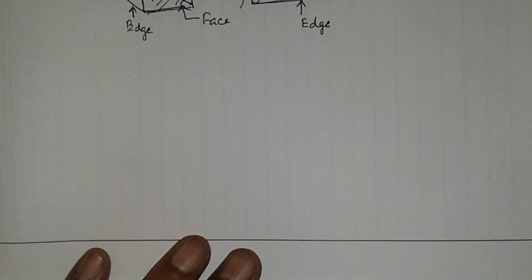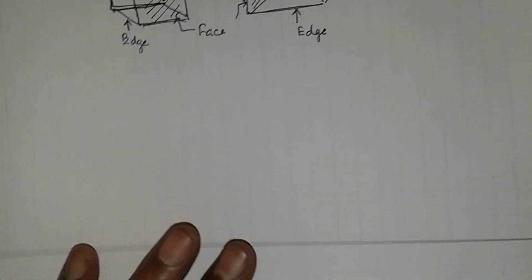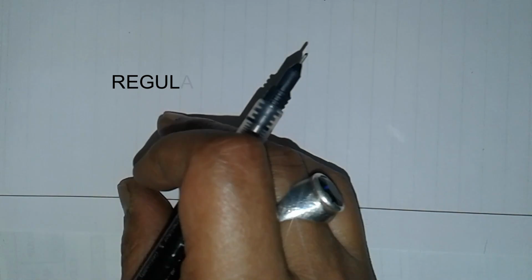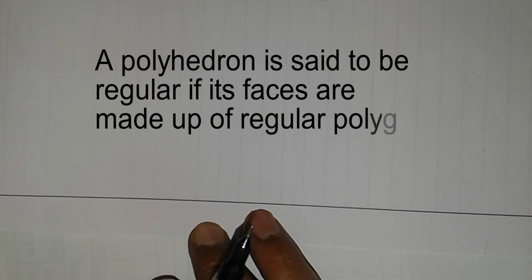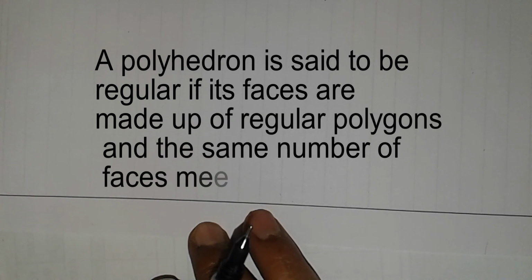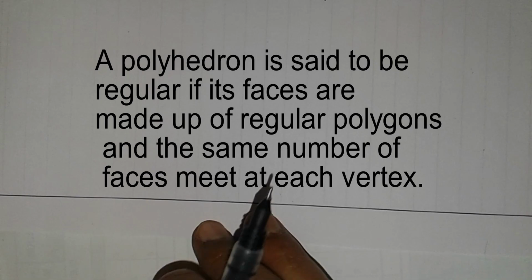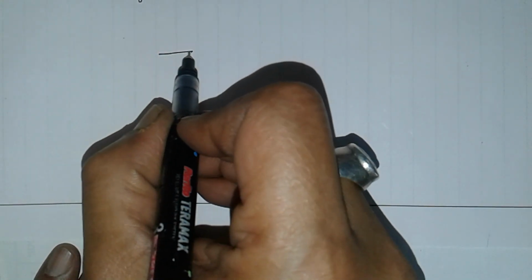Now the next point is regular polyhedrons. A polyhedron is said to be regular if its faces are made up of regular polygons and the same number of faces meet at each vertex. So the cube is the perfect example for that.